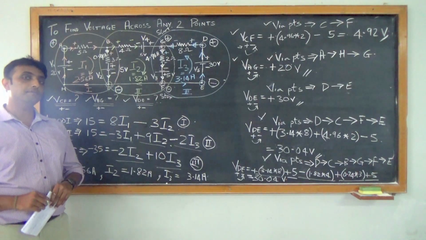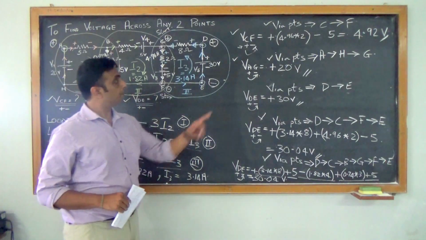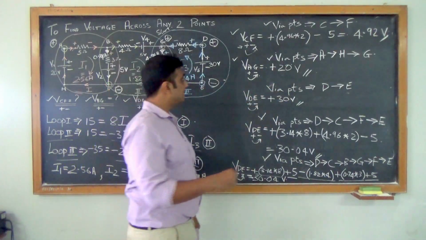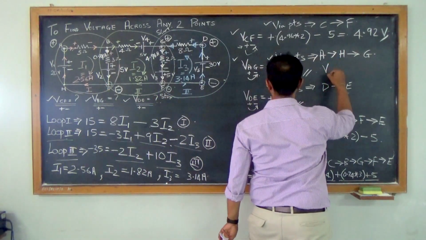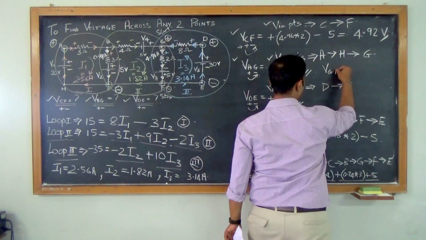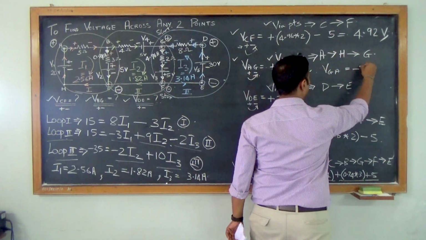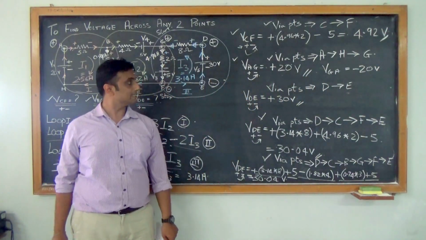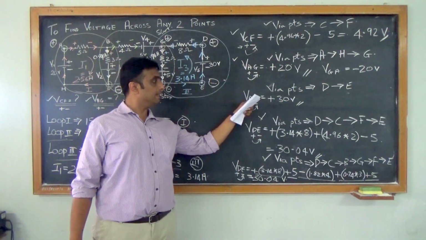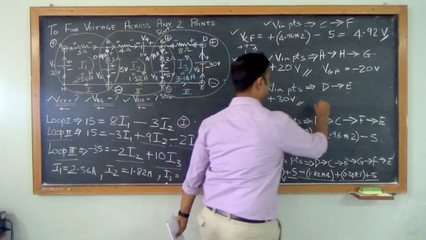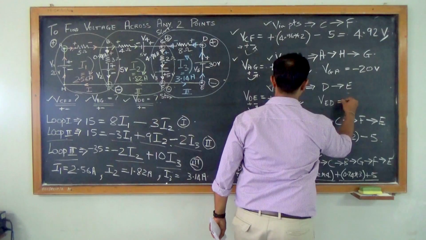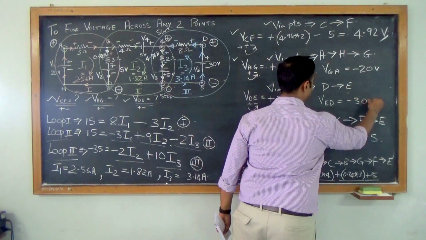Now one more thing you have to remember is, if your VAG is equal to 20 volts, then my VGA will be equal to minus 20 volts. In the same way, if my VDE is equal to 30 volts, then my VED will be equal to minus 30 volts.